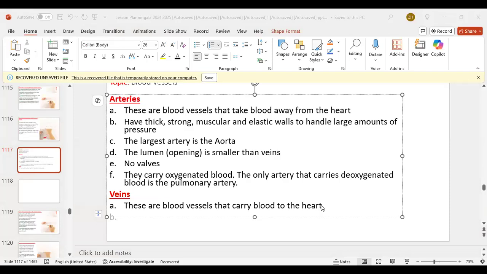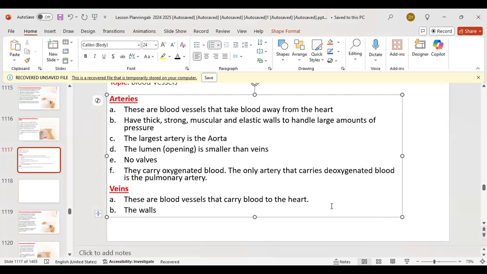Okay, so how would we describe them? The walls are what? Thin. The walls are thinner than the arteries. Why? Because they have less what? Pressure. Very good. Less pressure.